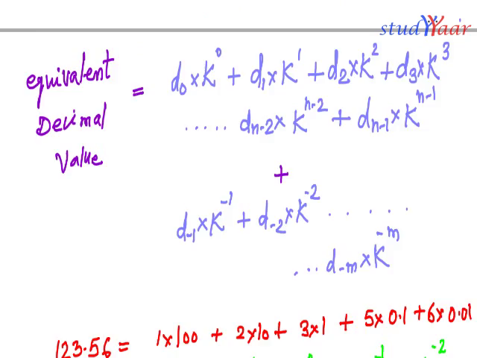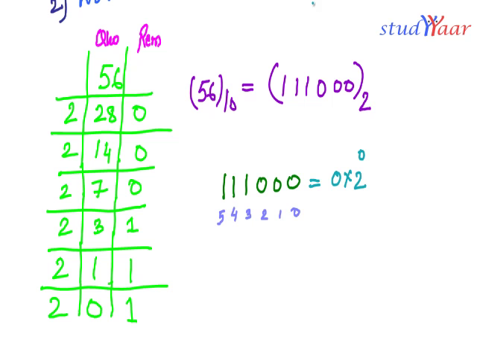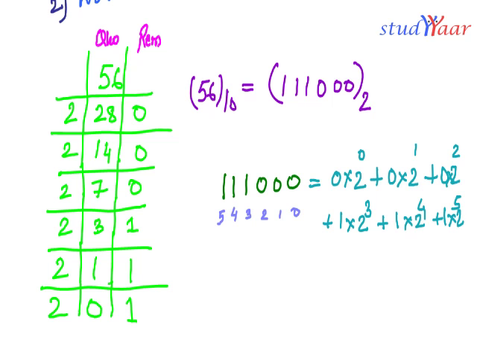Therefore my weights are going to be in terms of powers of 2. Plus 0 into 2 raised to 1 plus 0 into 2 raised to 2 plus 1 into 2 raised to 3 plus 1 into 2 raised to 4 plus 1 into 2 raised to 5.